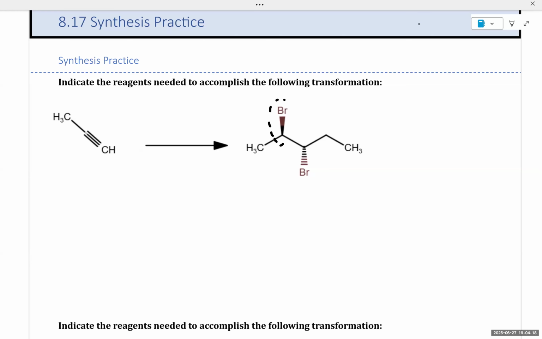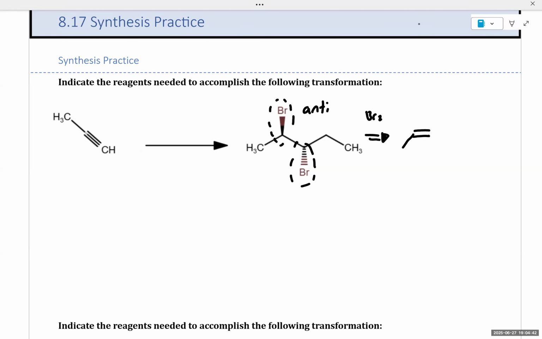So first and foremost, I'm going to identify that these two bromine atoms are anti to one another. So I can make this dibromide via dibromination. And I can make this dibromide from an alkene.